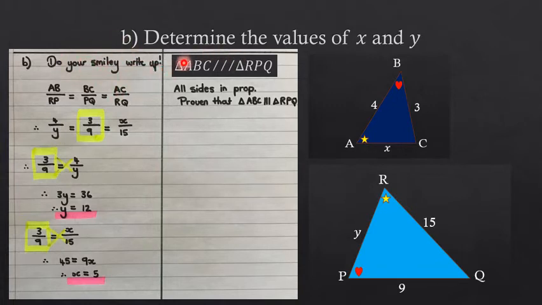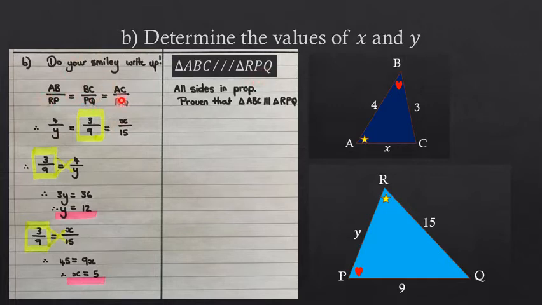Okay, I've just put this in here. This doesn't have to be in your answer. I've just put it here so that we can refer back to it. So you're going to say AB over RP should be equal to BC over PQ should be equal to AC, first and last, over RQ, first and last. Why can I do that write-up?